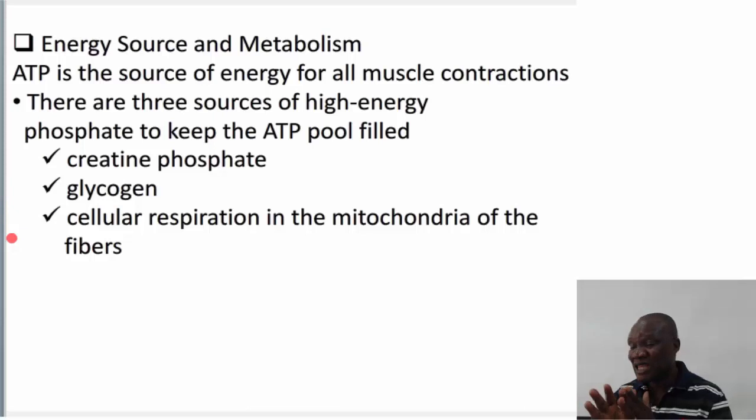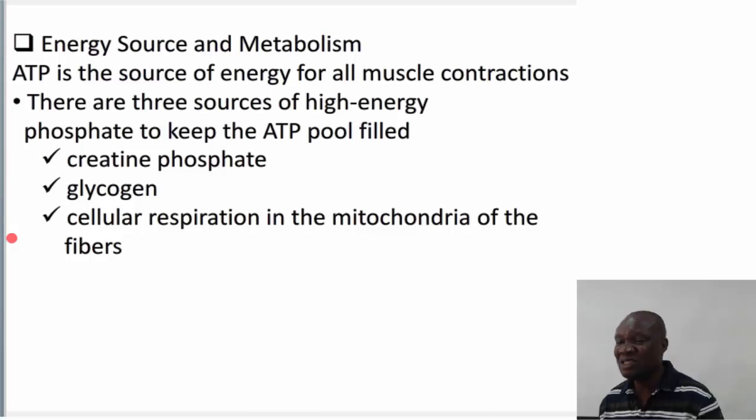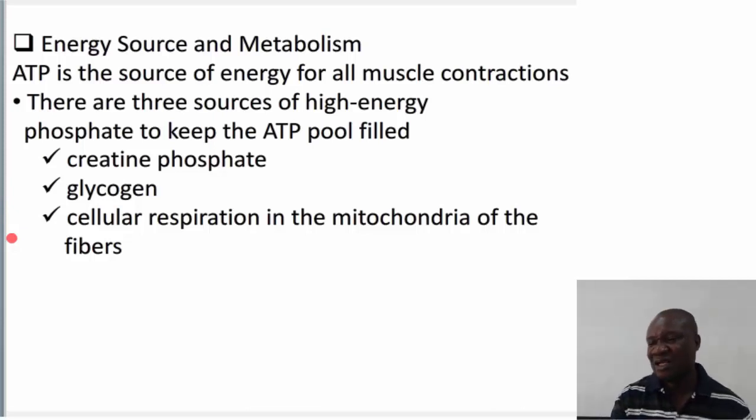Now we're going to look at the energy sources for the muscular activity. Now there are three sources of energy for the muscle. We have the creatine phosphate, glycogen, and cellular respiration in the mitochondria.